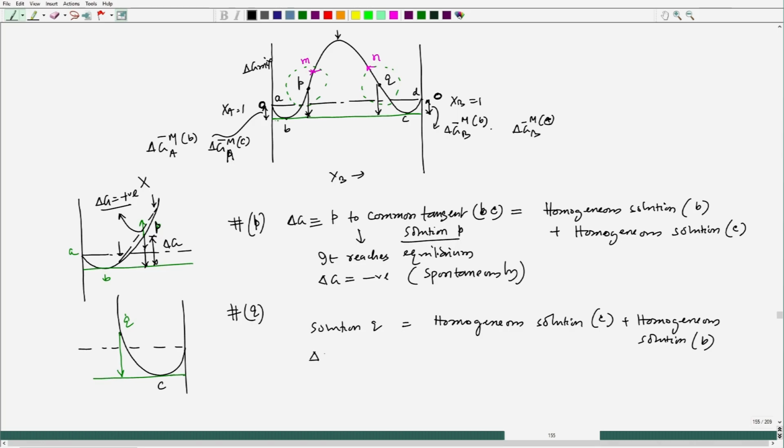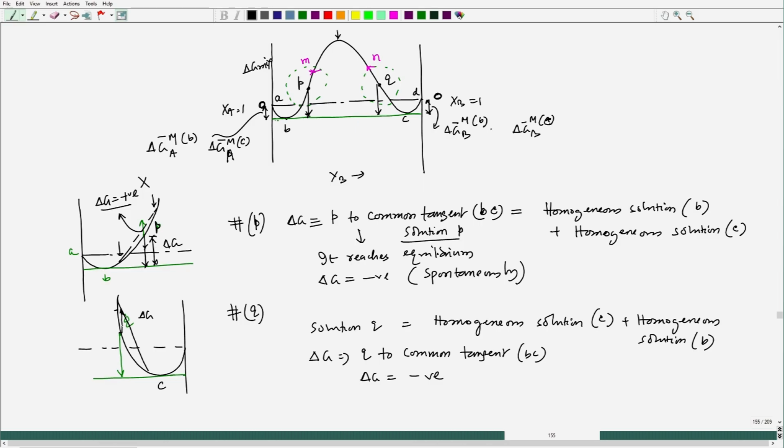And why? Because the free energy change delta G from Q to the common tangent of BC is also negative. In fact, it cannot go up, because if it does, the free energy has to go up to break into two compositions.